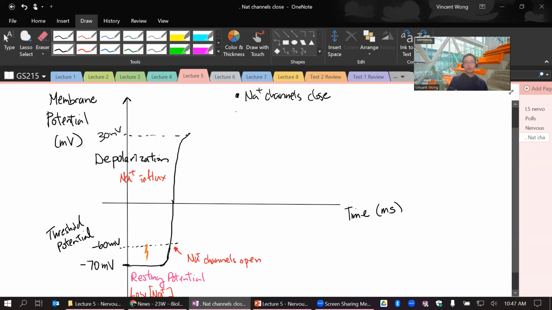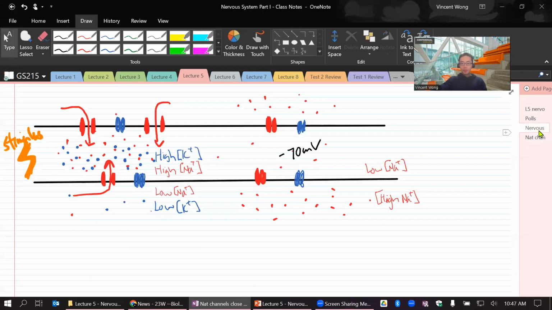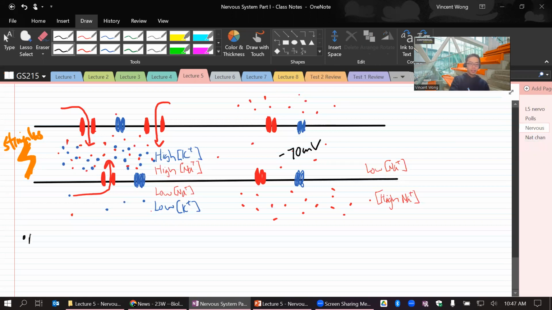Well, if you look at the notes that we wrote, positive 30 is the voltage for the potassium channels to open. Right? So now is the chance for the potassium to leave. Okay. But there's more to the story here. Okay? So I'm going to put it over here.